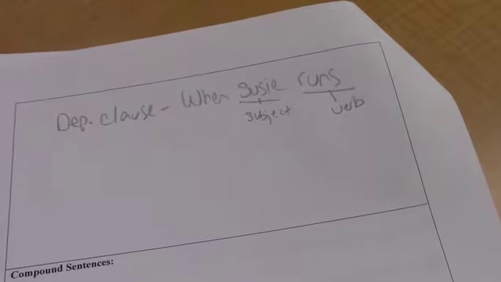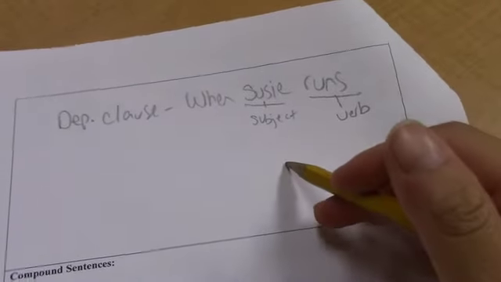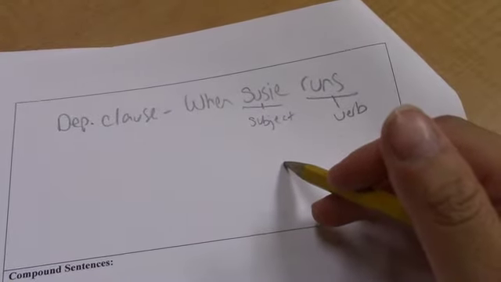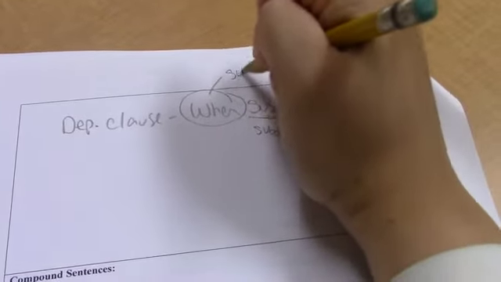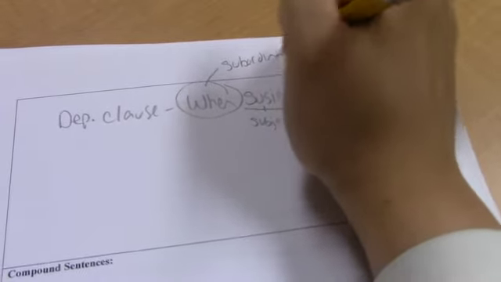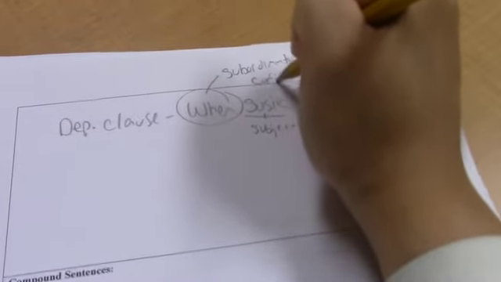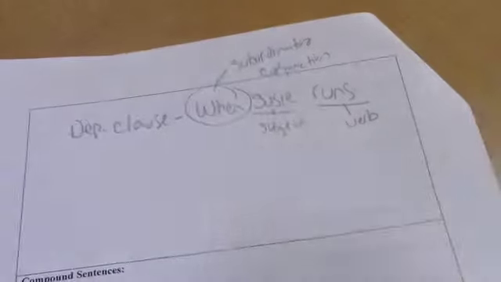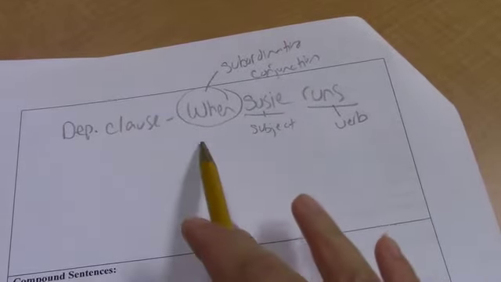Another thing you want to look for in a dependent clause is that a dependent clause always starts with a subordinating conjunction. So you'll want to review back Grammar Video 1 if you need a review of subordinating conjunctions.